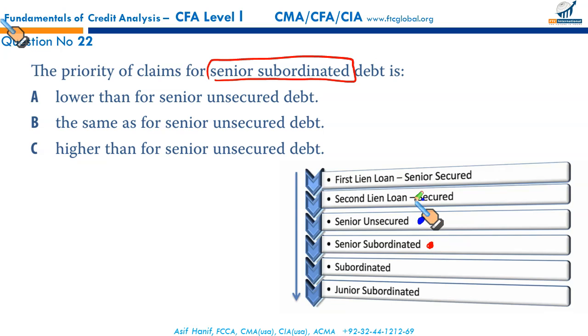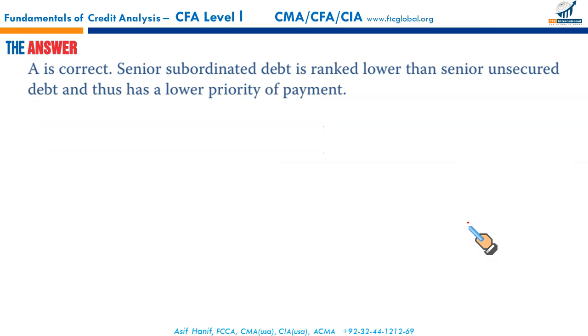Let us mark these first. Now, is the priority of claims for senior subordinated debt, this red mark, lower than for senior unsecured debt? Yes, it stands lower than senior unsecured debt. That means, look no further, it is not the same, not higher, rather lower than the senior unsecured debt. So that makes A our correct option.